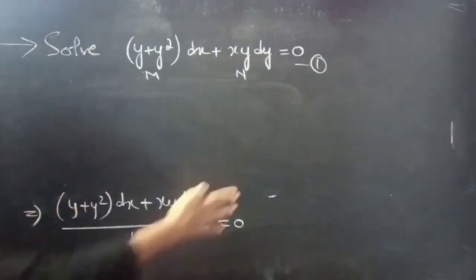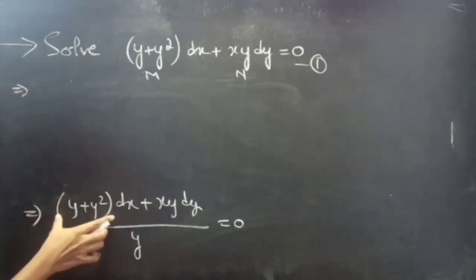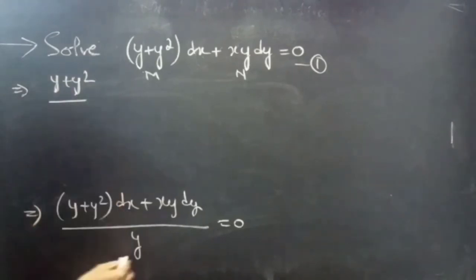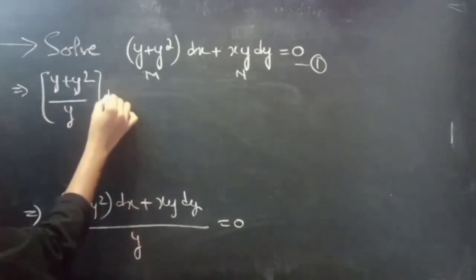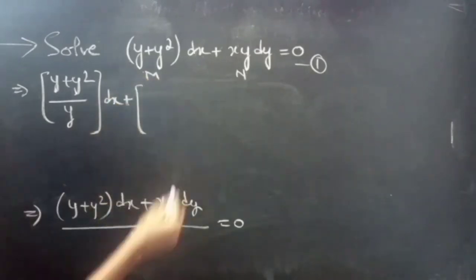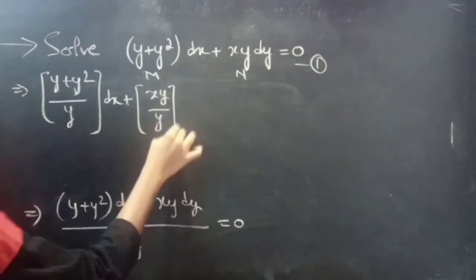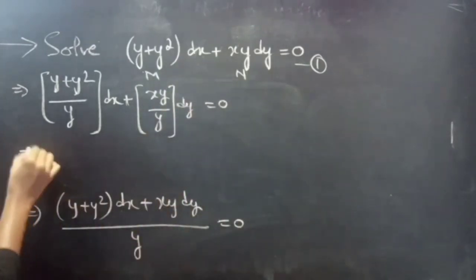Then (y plus y square) by y into dx plus xy by y into dy equals 0.